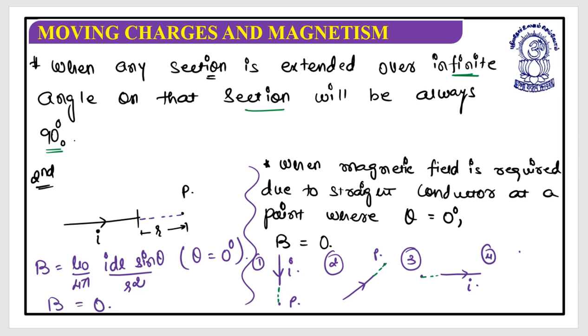Fourth, let's suppose at this point this is I. So let's just extend it. Yes, so this will make the magnetic field 0. It is something like this. So all these cases will make a 0 magnetic field. I hope these things are clear. Is it clear?